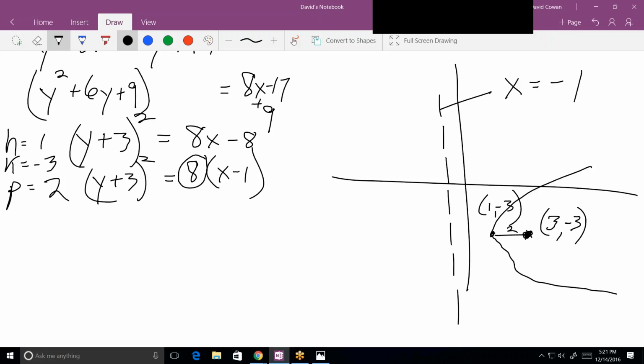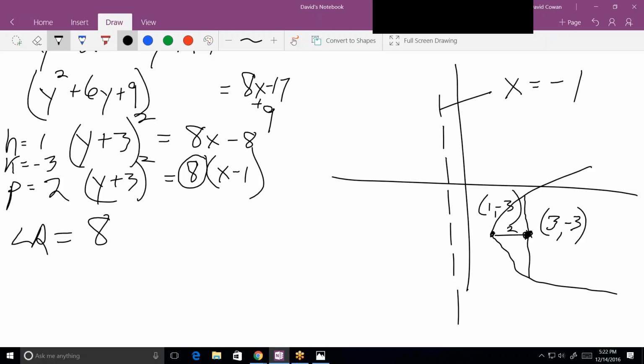Correct. Now, the latus rectum, which is also called the focal width, that's the new modern terminology for it, is 4 times the focal length, always. So LR is 8. And what that means is the distance from there to there.